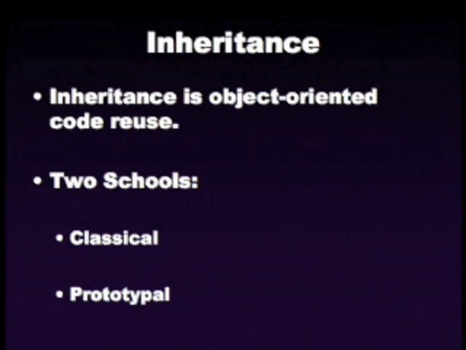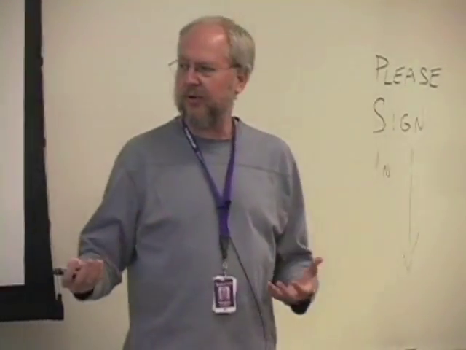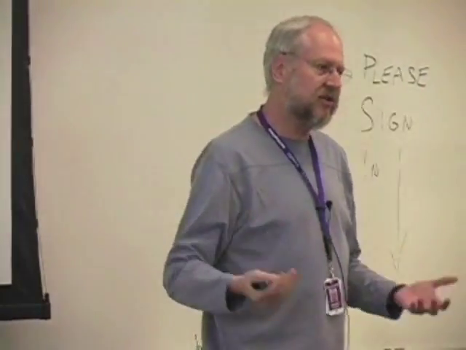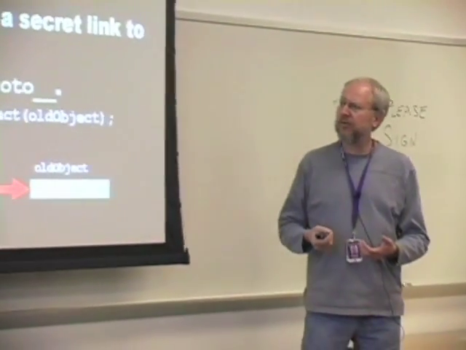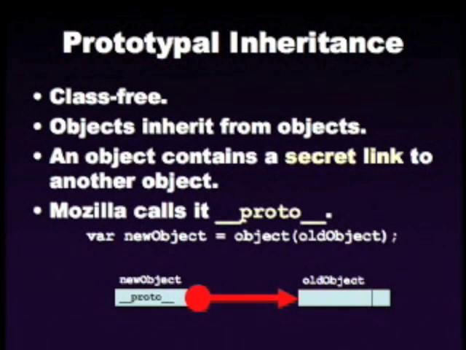There's the classical school, which is what basically everybody was trained in, and then there's the prototypal school, of which JavaScript is about the only instance. As you recall, in the classical school, objects are instances of classes, and a class inherits from another class. But in the prototypal school, it's class-free. There are no classes. Objects inherit directly from other objects.